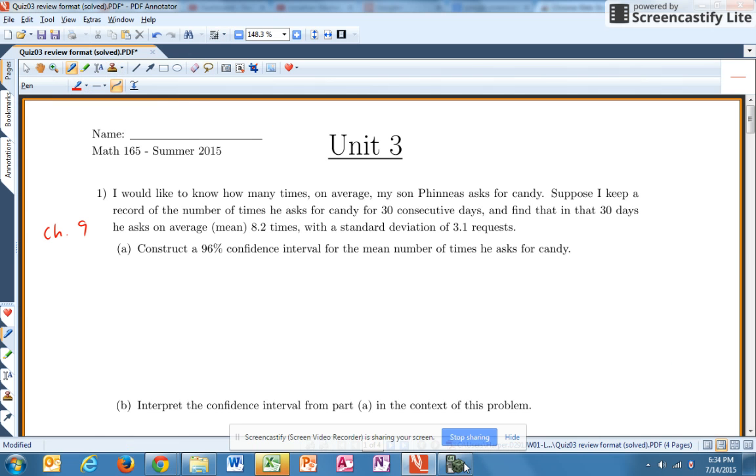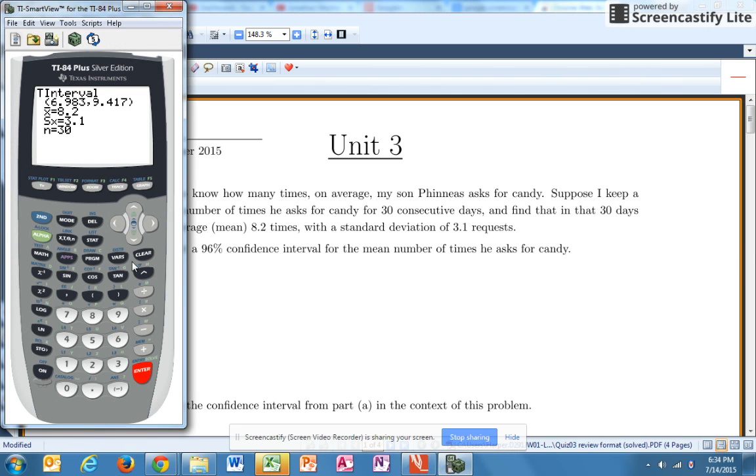So if we want to go ahead and compute something, we're going to, on our calculator, press Stat, go over to Tests, and number 8, T-interval, because we're doing a confidence interval with numeric data.